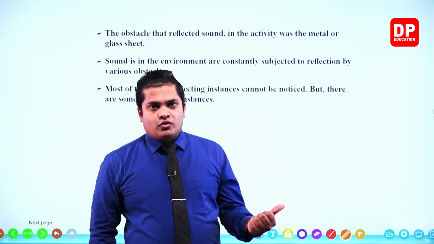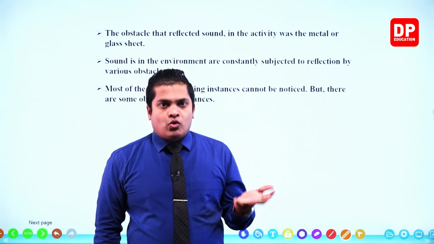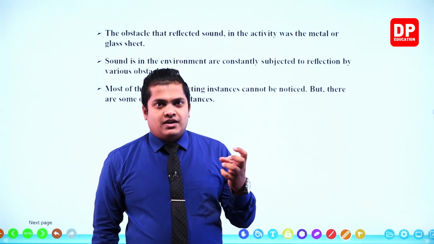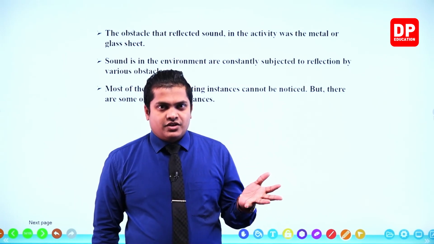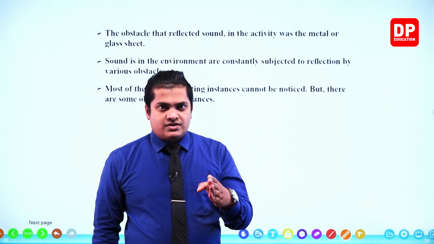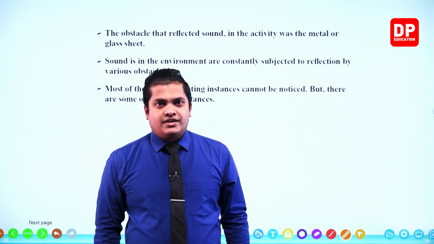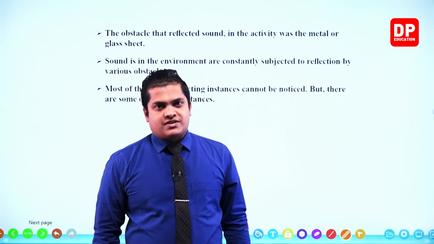When you go to the top of a mountain and shout, after a few seconds you can hear the same voice of yours coming from the other mountain. It's mainly because of the reflection of sound.